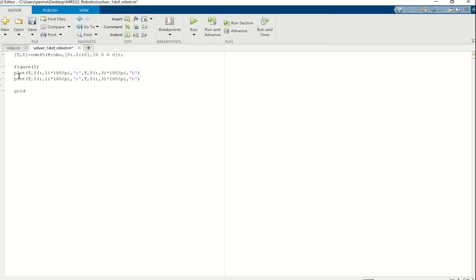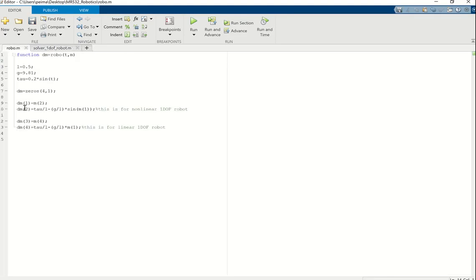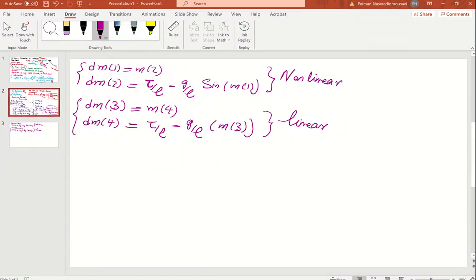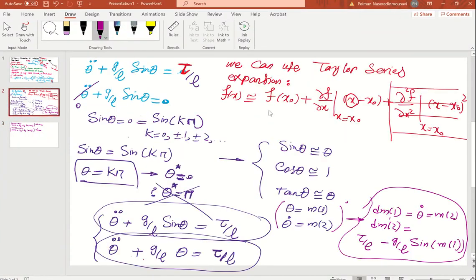Let me make this a comment, and I want to plot the angle versus angular velocity, m2 here, because look at here, guys, m1, m2. m1 was the position, m2 was the angular velocity. That's right.